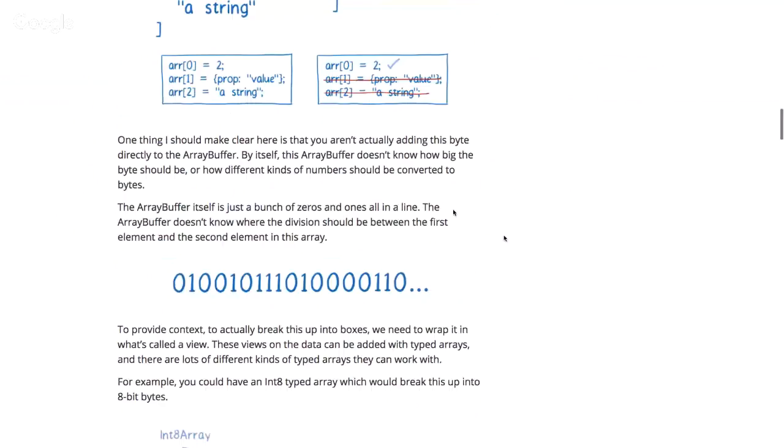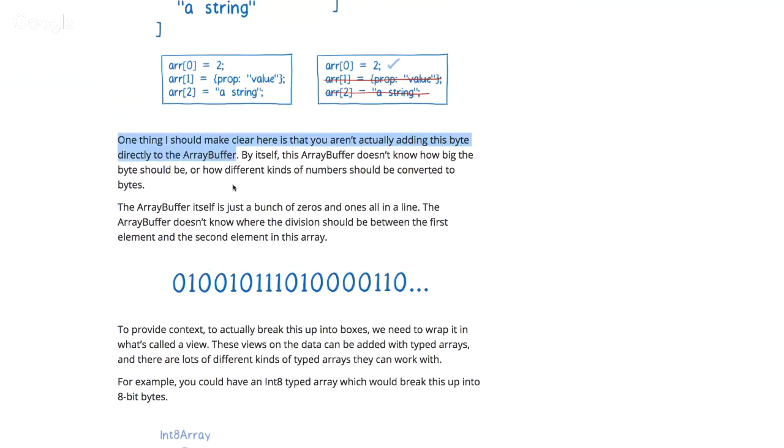So one thing I should make clear is that you aren't actually adding this byte directly to the array buffer. The array buffer itself doesn't know how big the byte should be, or how different kinds of numbers should be converted to bytes.